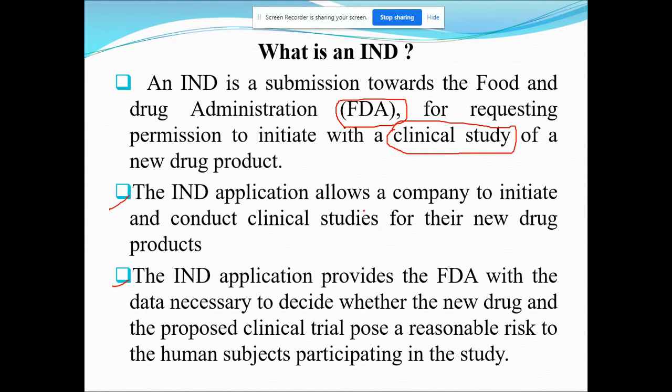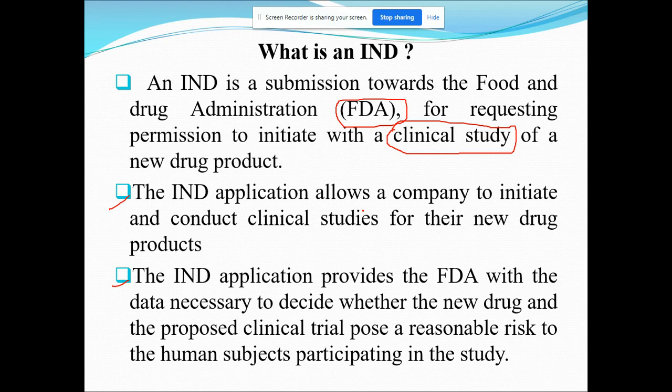So this was the detail about the application which is called the IND. Student, basically एक लक्षात ठेवा, जसं मी तुम्हाला सांगितलं होतं, new drug application, when you are seeking permission that you want to market your new drug product in a market, if you want the approval or the permission for the marketing of a new drug product, then in that condition we are applying with the help of NDA. If you want a permission for the marketing of the generic drug, then in that condition we are applying for the ANDA.